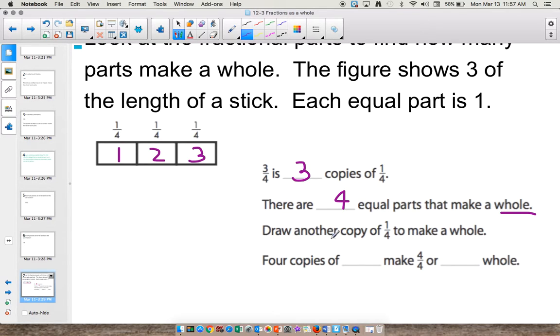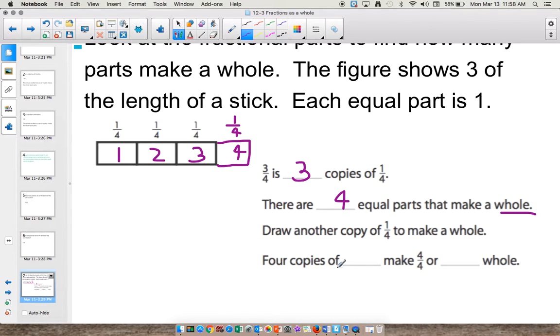It says draw another copy of 1/4 to make the whole. Okay, so I'll just draw another little section. Now I have another 1/4. And that equals 4/4.